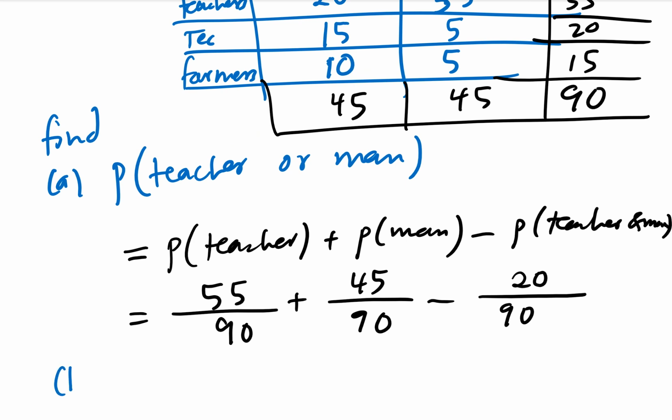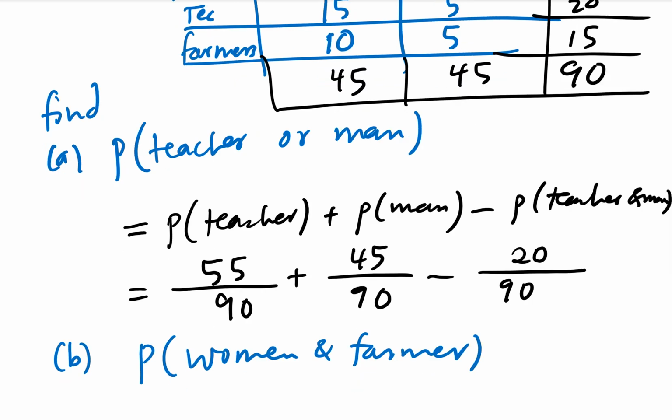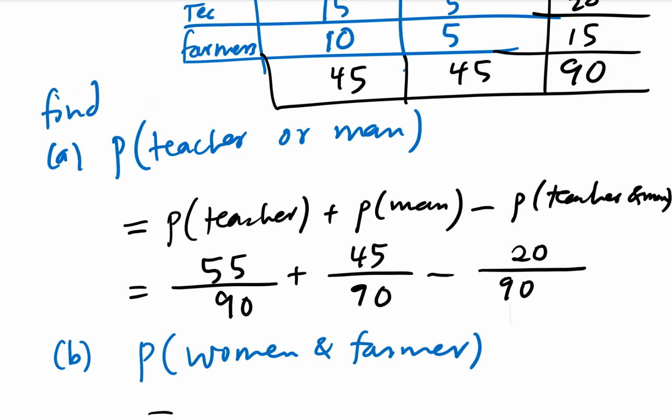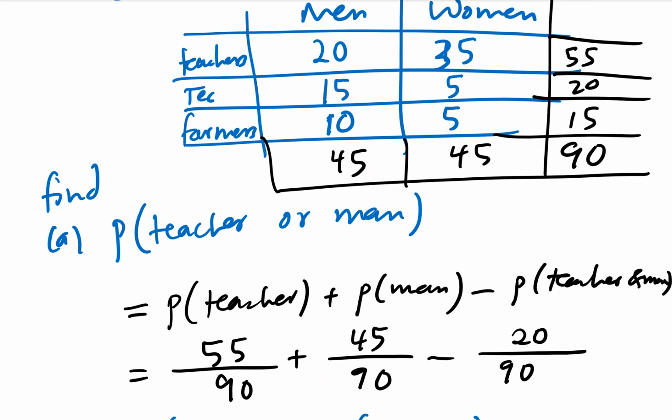What's the probability, let's say, women and farmer. Also, what's the probability of man? Women and farmer at the same time.